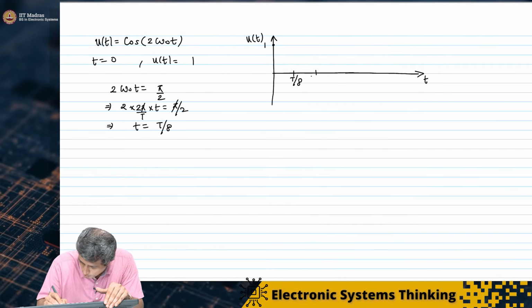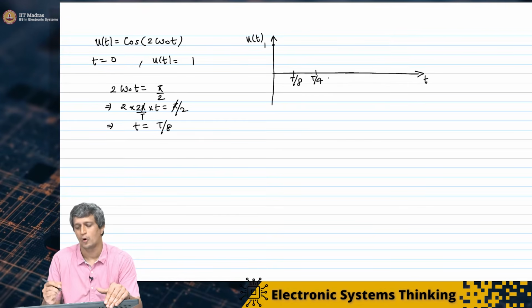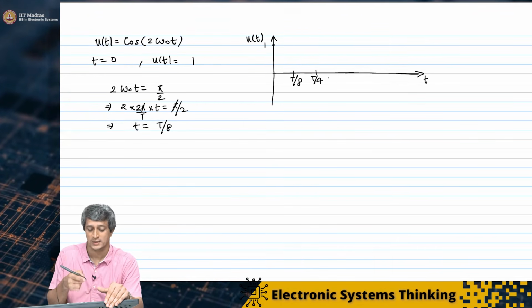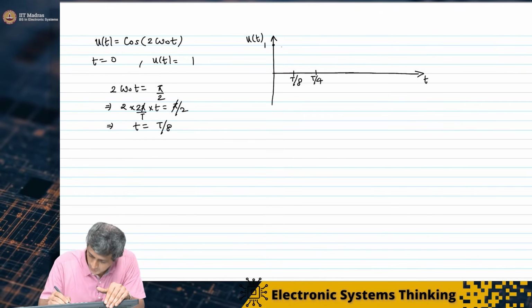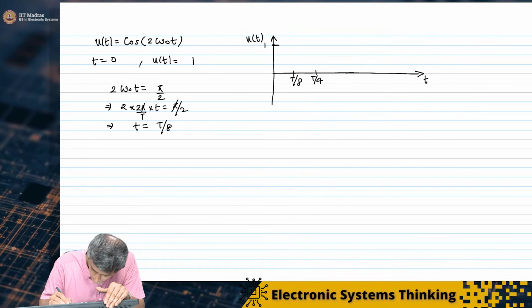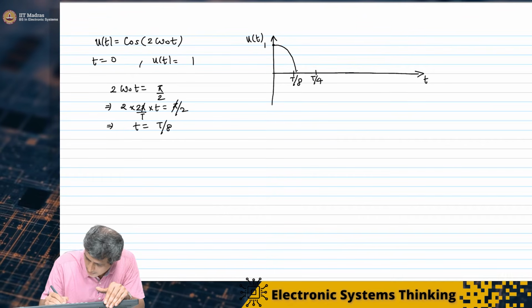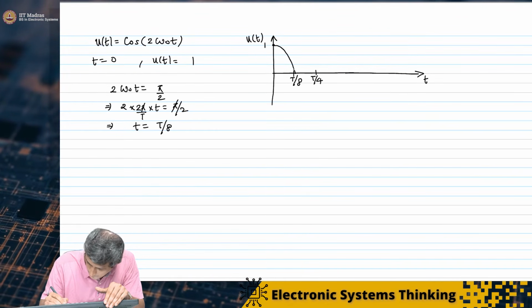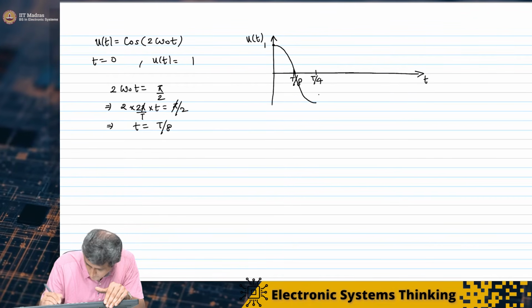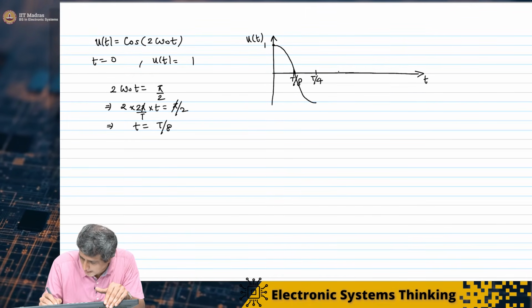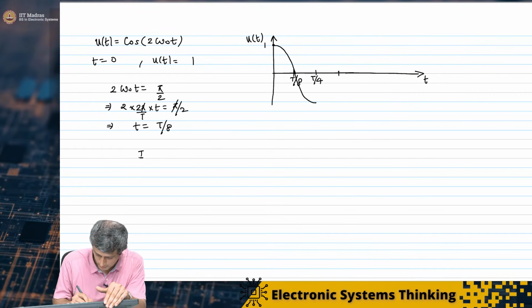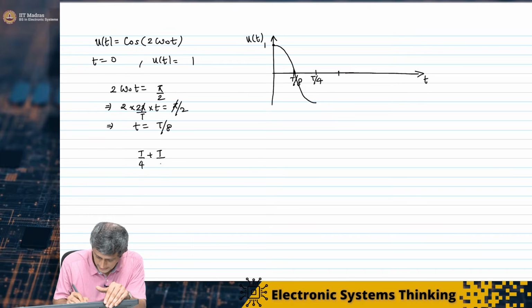Then at T by 4, it will go back to minus 1, because then it will become cos pi. So this wave will start like this, it will go and then it will come back here, T by 4 plus T by 8.